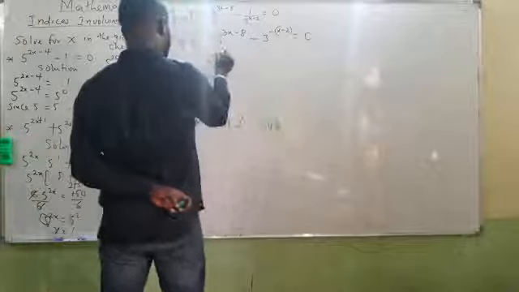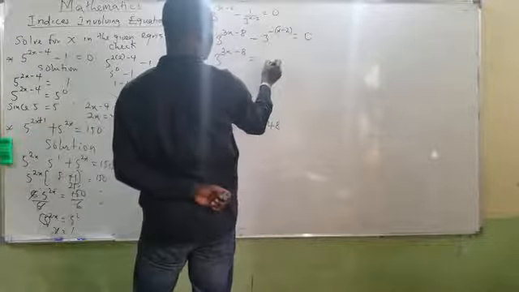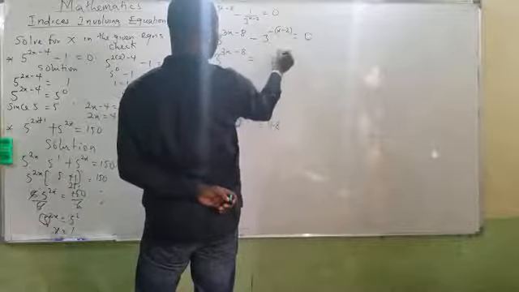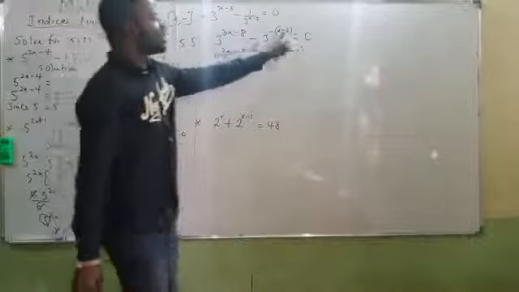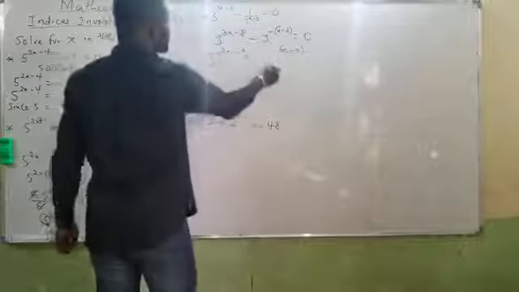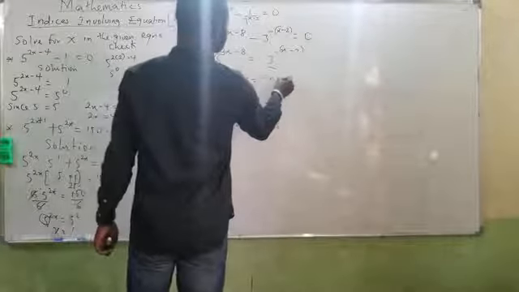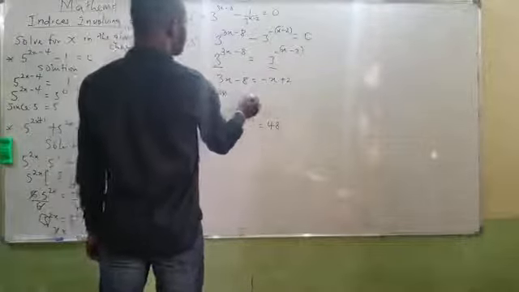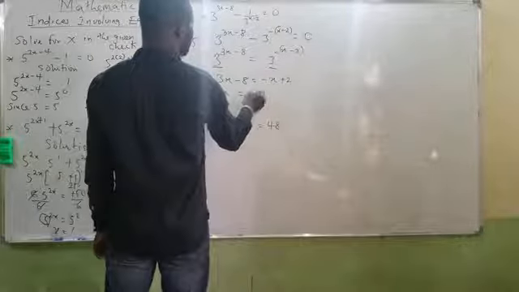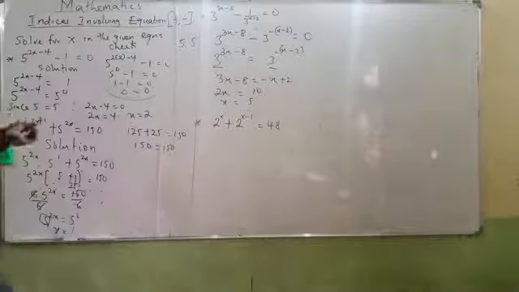I can say that 3 raised to power 3x minus 8 equals to 3 raised to power minus x minus 2. Now, can you see that I just take this to the other side, since 3 is equals to 3, 3x minus 8 equals to minus x plus 2, which gives 2x equals to 10. My x equals to 5. That is my x equals to 5.